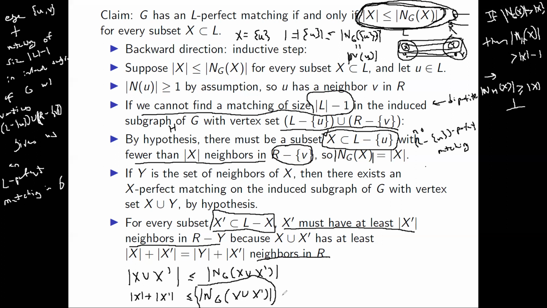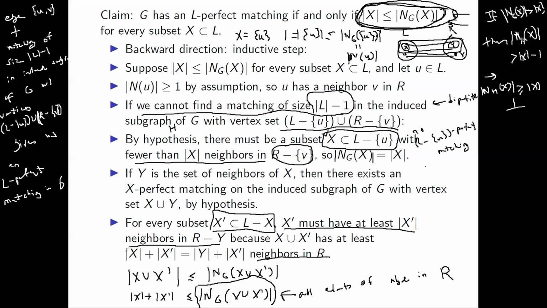And all the elements of that neighborhood are in R. So all of them have to be in R, the neighborhood of x union x prime, because both x and x prime are from L. So that's how we can say that.